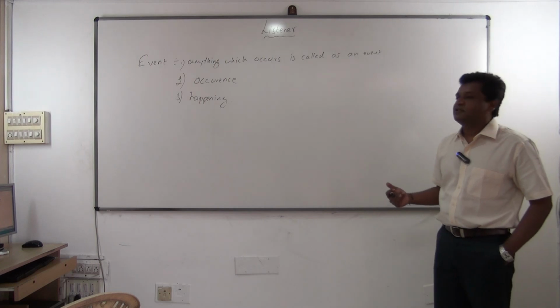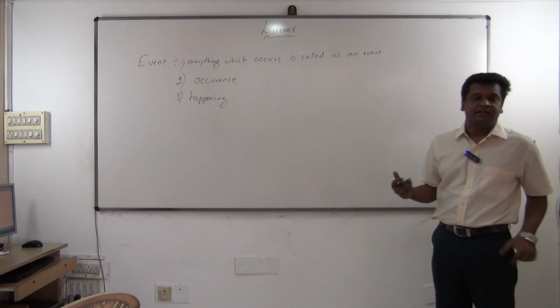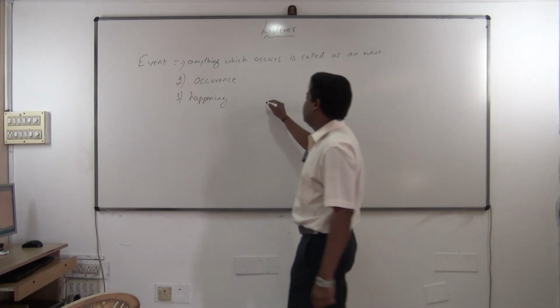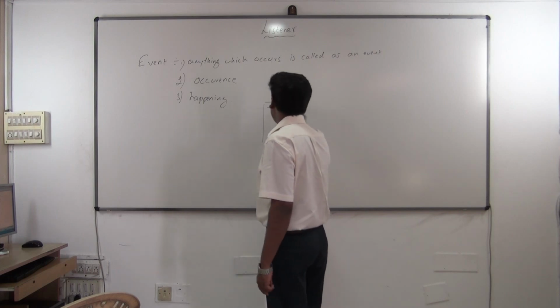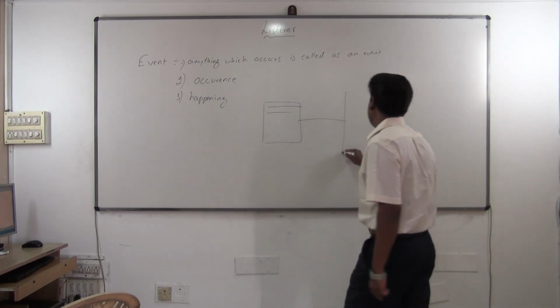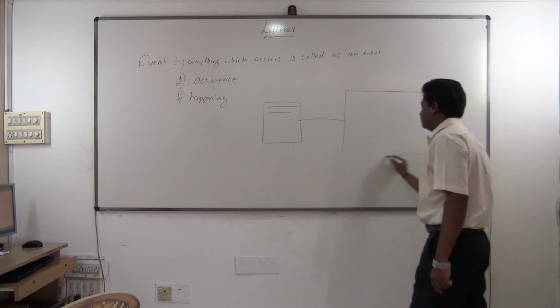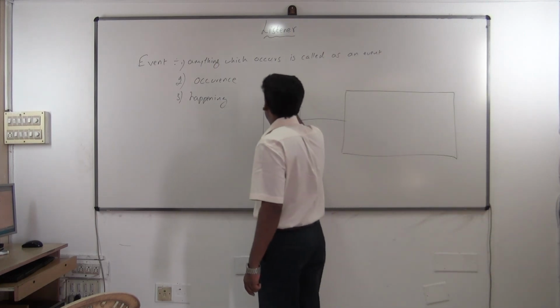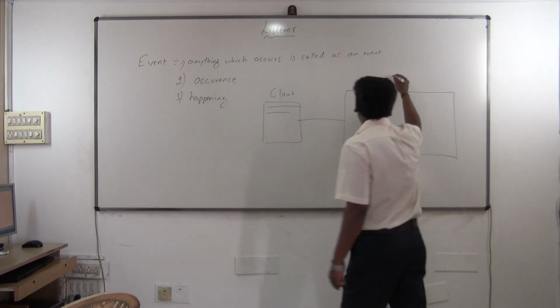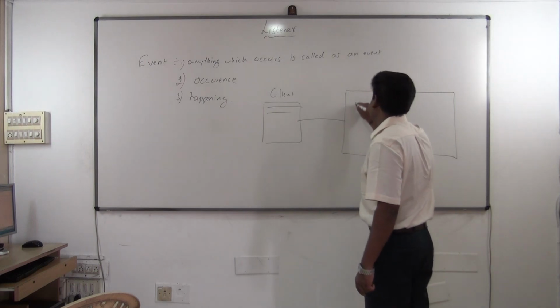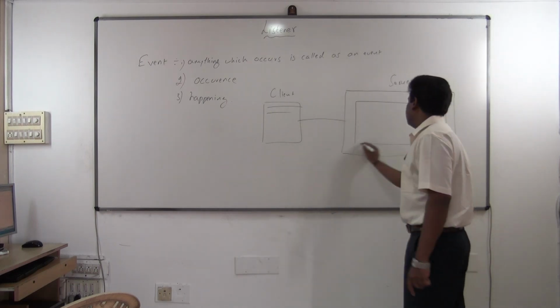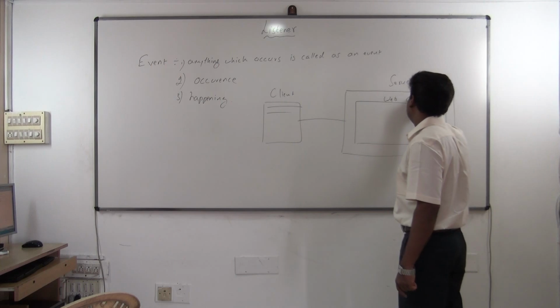Now, when you are developing a web application, the client makes a request. This is the client, and this will be your server. Inside the server you have a web container.